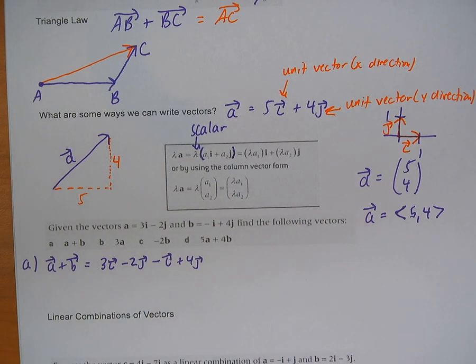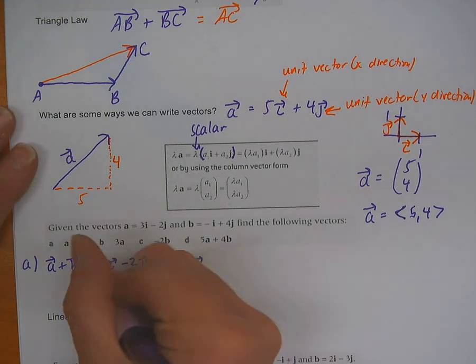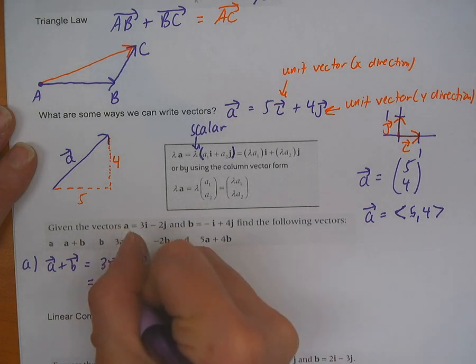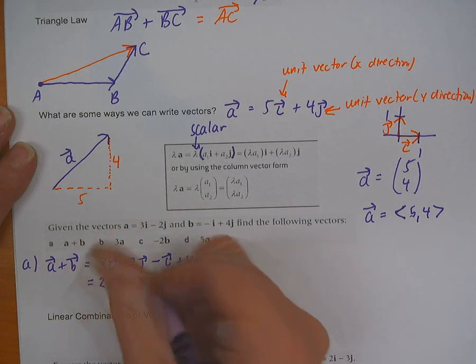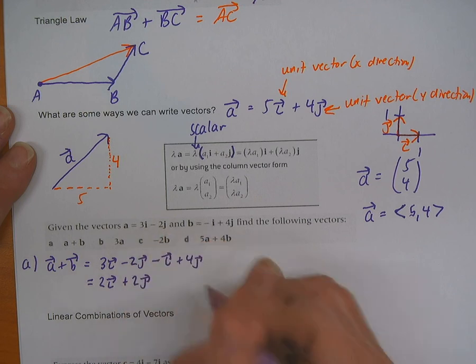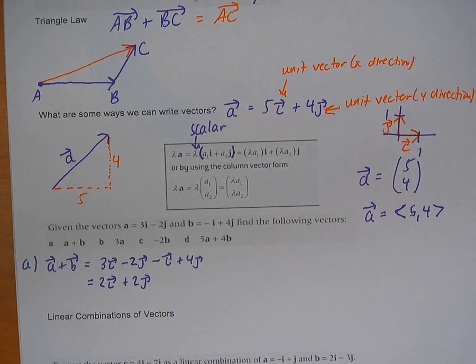You simply treat this as though you're adding like terms. That's it. So you're going to get 3i and negative i would be 2i, and negative 2j plus 4j would be 2j. So that would be your resultant vector if you added together A and B.